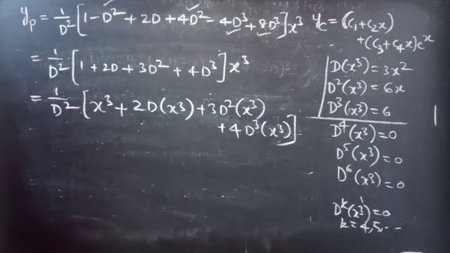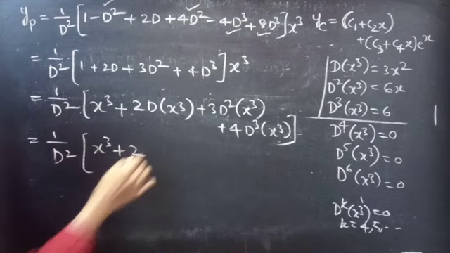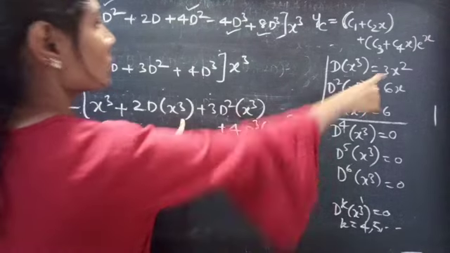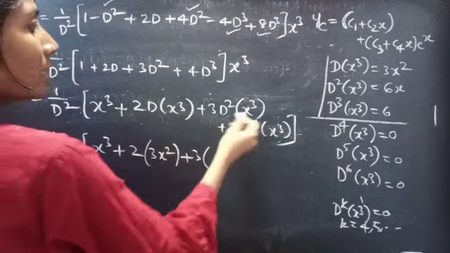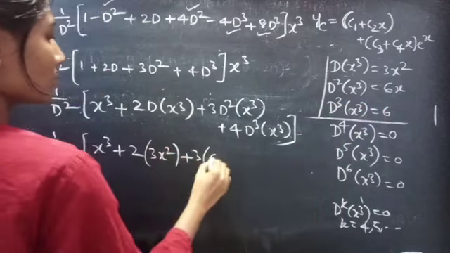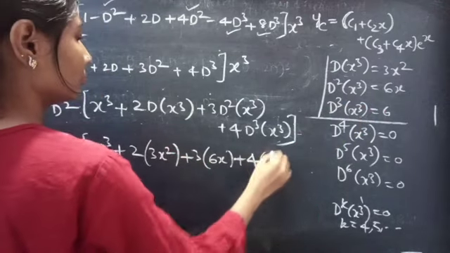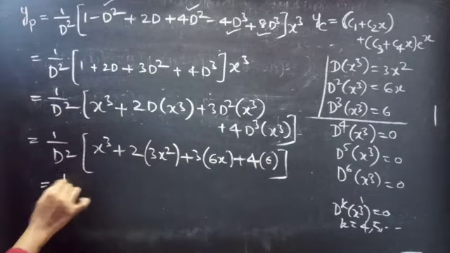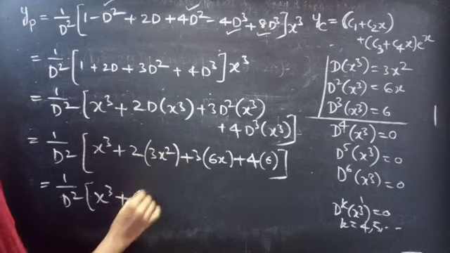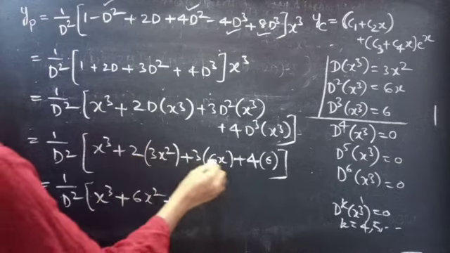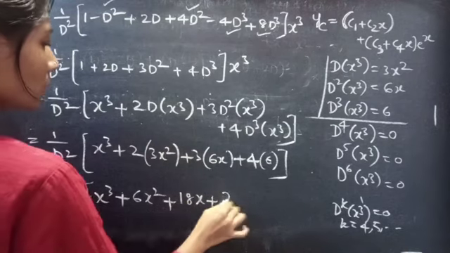This becomes 1 by D square into x cube plus 2 into the derivative of x cube, which is 3x square, plus 3 into D square of x cube, which is 6x, plus 4 into D cube of x cube, which is 6, which is equal to 1 by D square into x cube plus 2 3s are 6x square plus 3 6s are 18x plus 6 4s are 24.